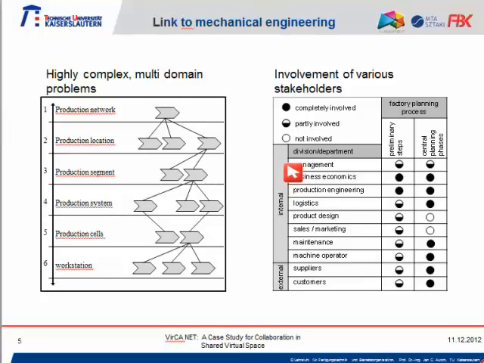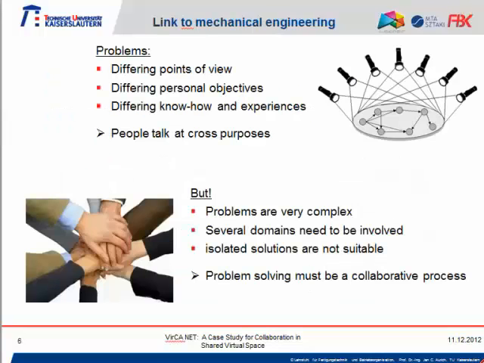The management must be involved to ensure top-level strategy involvement in each step of the factory planning, but also various other domains and departments in the factory must be involved to ensure the success of factory planning.